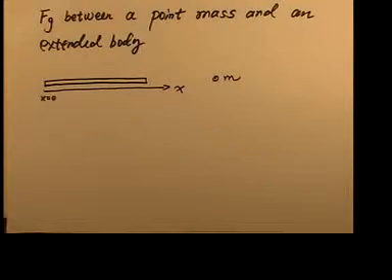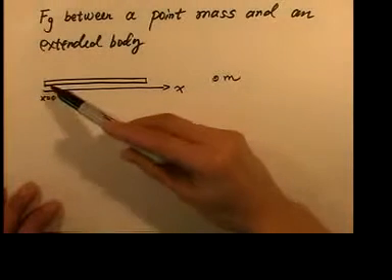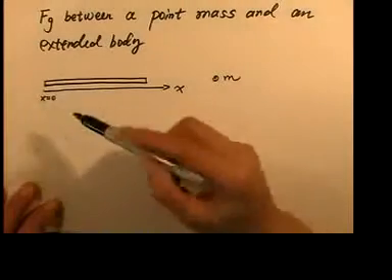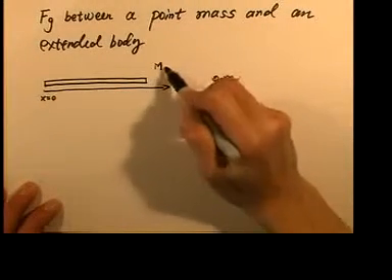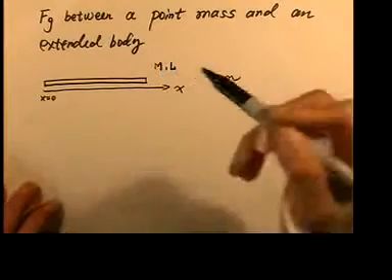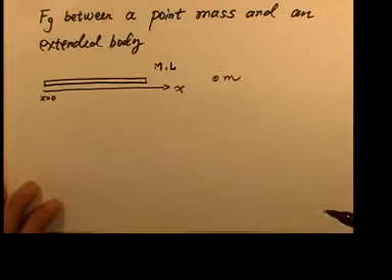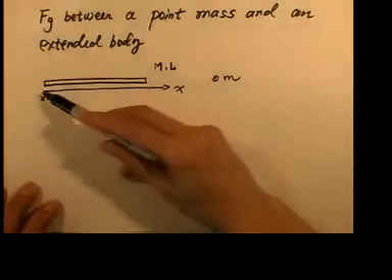Now, how do we calculate the gravitational force between a point mass and an extended body? For example, this is a one-dimensional ruler of mass, let's give it capital M, of length capital L. Let's establish an x coordinate, which is one-dimensional.